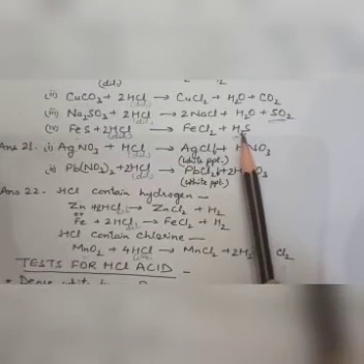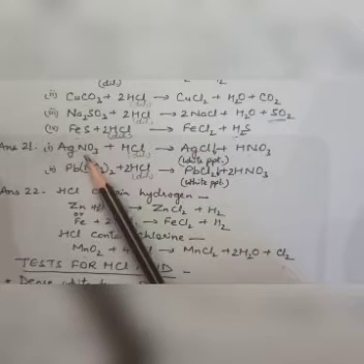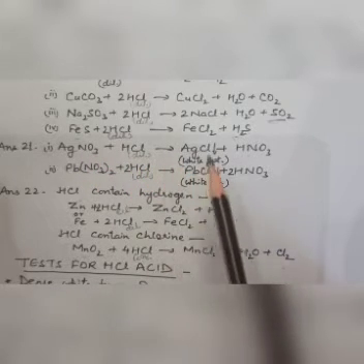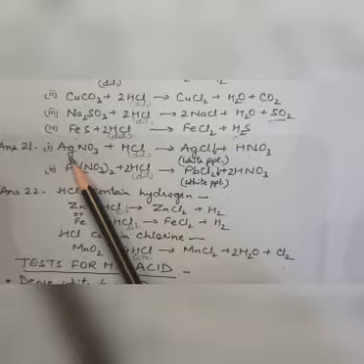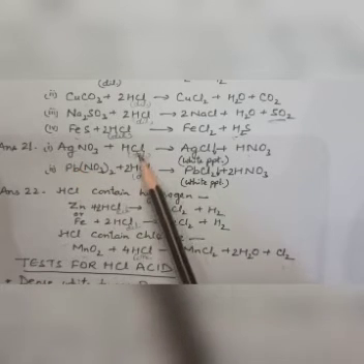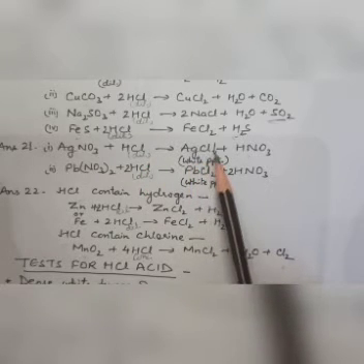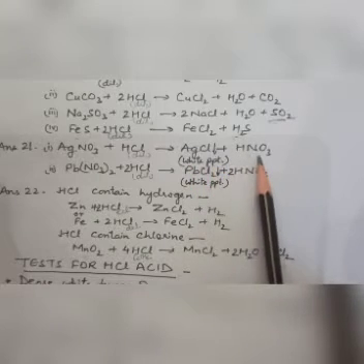Right, now next question is: name two soluble salts which, when they react with dilute acid, give an insoluble white precipitate. So these are silver nitrate, which is a soluble nitrate. When it reacts with dilute hydrochloric acid it gives you a white precipitate of silver chloride and nitric acid.